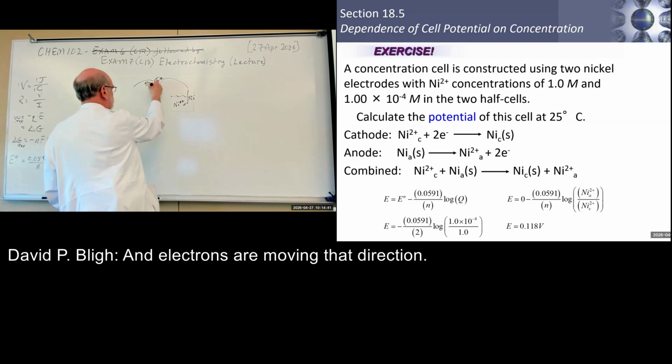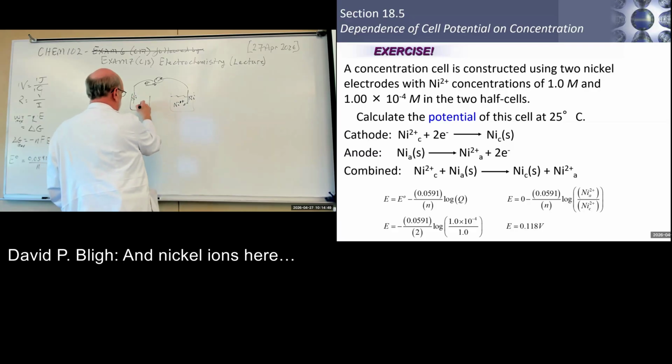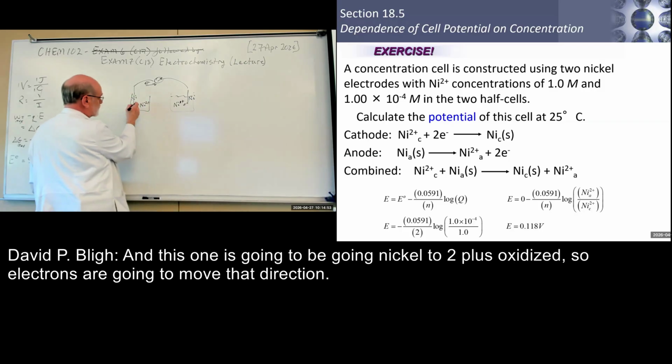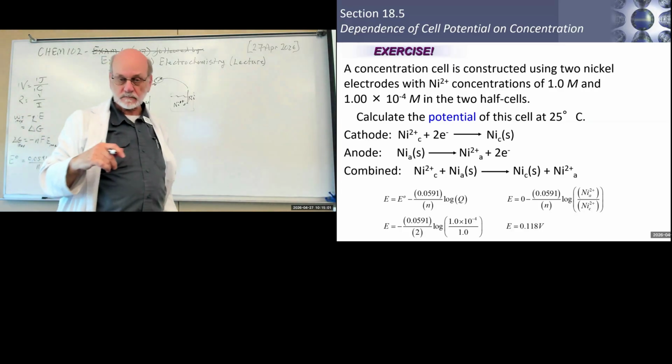And electrons are moving that direction. So we have another one over here, and we have another nickel electrode here and nickel ions here. And this one is going to be going nickel to 2 plus oxidized, so electrons are going to move that direction. Okay?